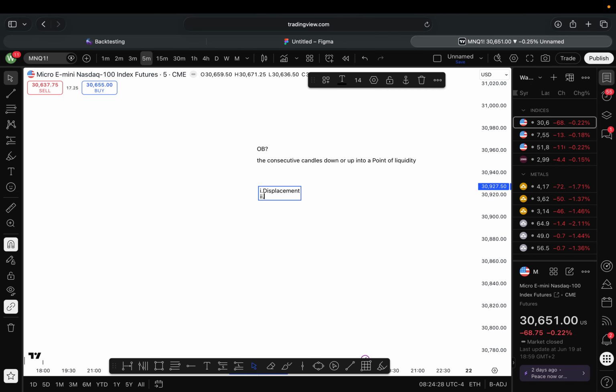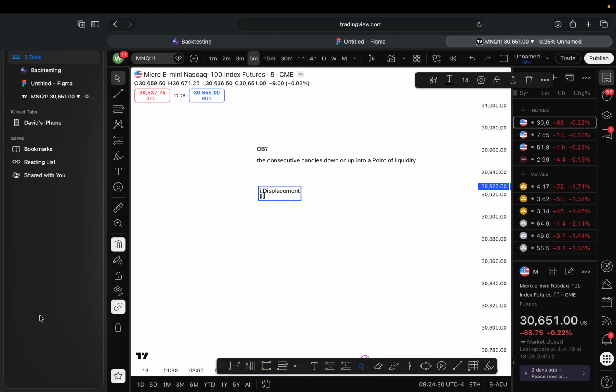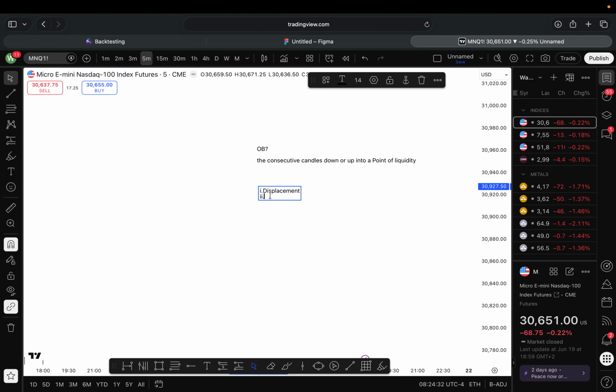Number two is liquidity slash PD array. That is where price trades into for the order block.